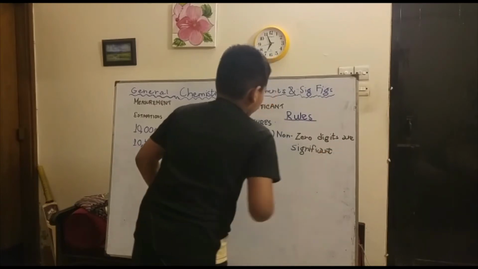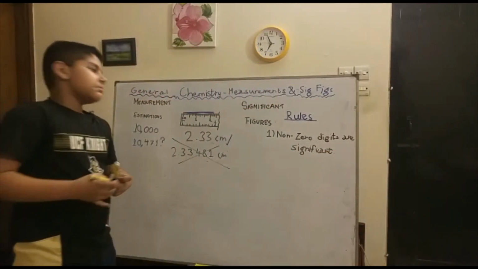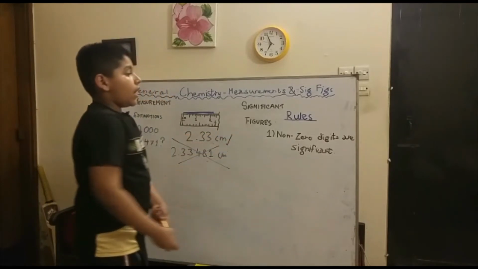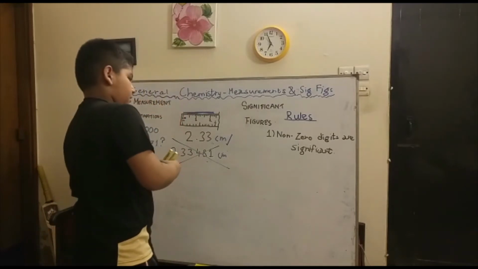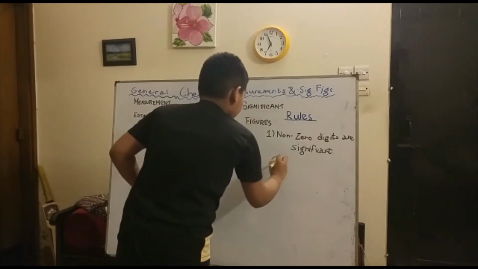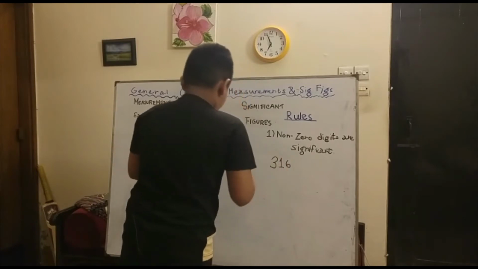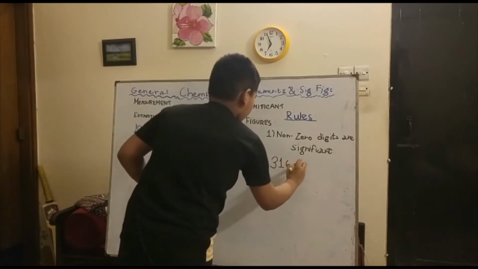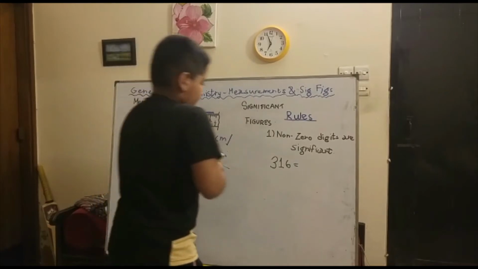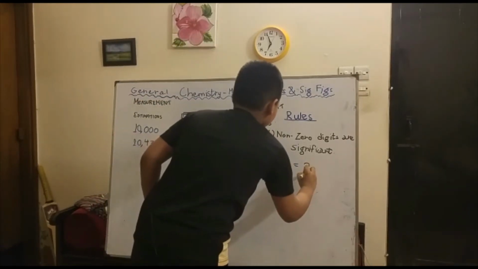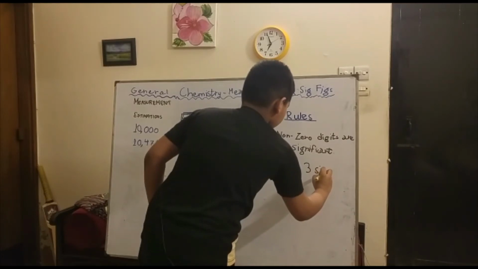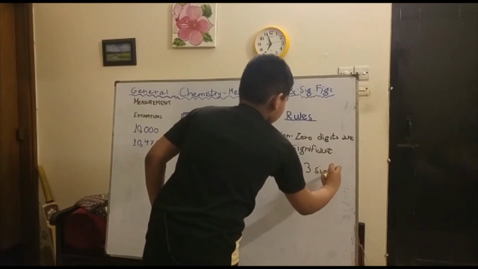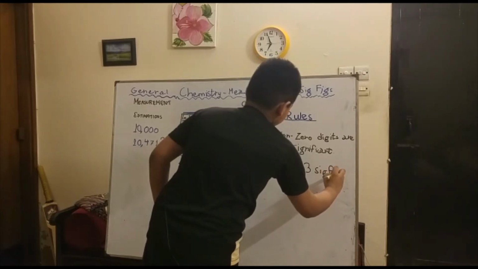Okay, that was a long rule to write, but I hope you covered it. Non-zero digits are significant. So something like 316 would have a total of 3 sig figs.